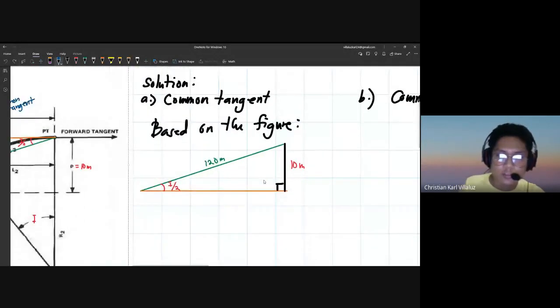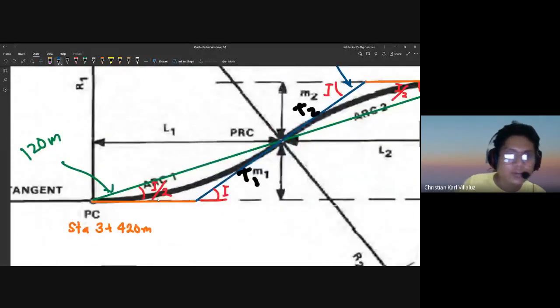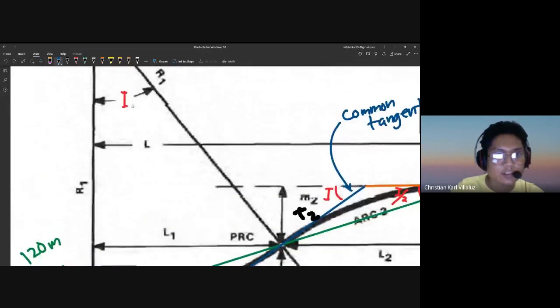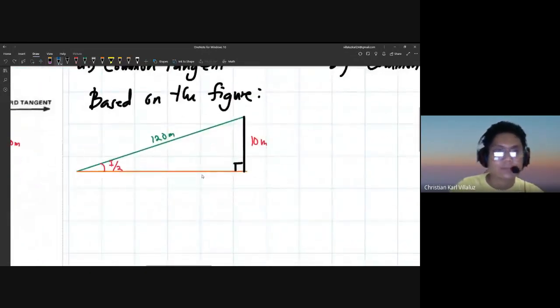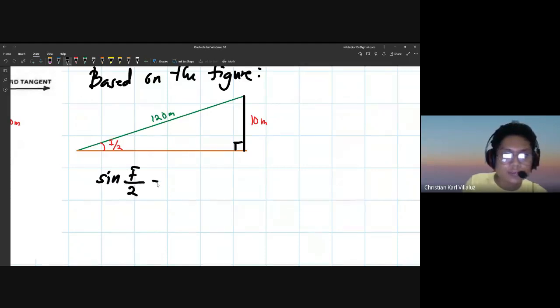So, we have 120 meters, 10 meters, and I over 2. Ang I over 2 kasi, di ba siya yung angle measured from the tangent and the chord of the first curve. Kaya kalahati siya nung central angle natin, which is I. Doon yun galing. Now, just apply sine function. Sine I over 2 equals 10 over hypotenuse 120.